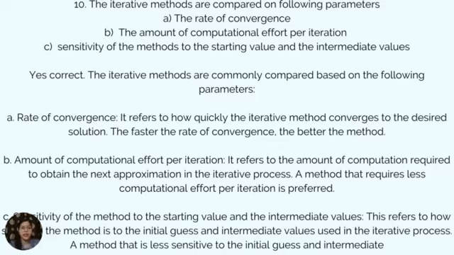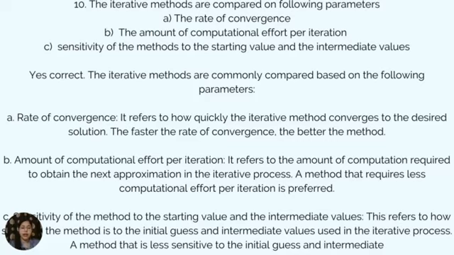The iterative methods are commonly compared based on the following parameters. A, rate of convergence: it refers to how quickly the iterative method converges to the desired solution. The faster the rate of convergence, the better the method. B, amount of computational effort per iteration: it refers to the amount of computation required to obtain the next approximation in the iterative process.